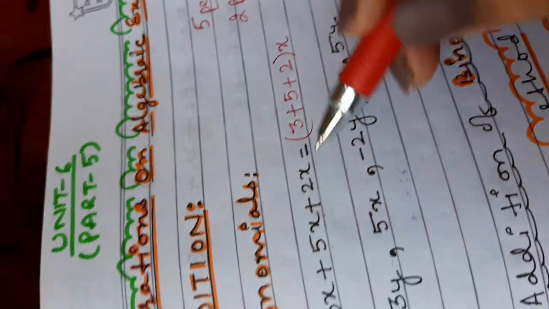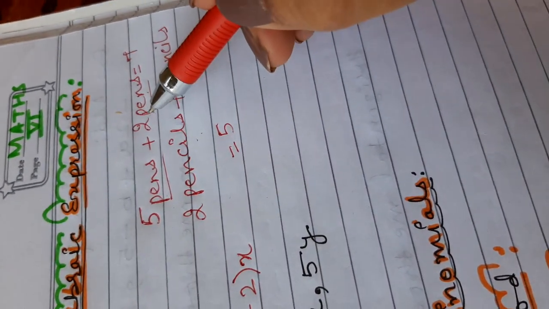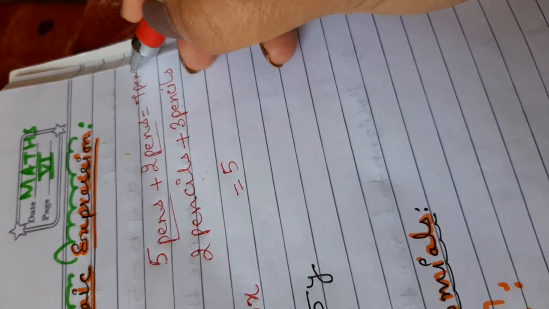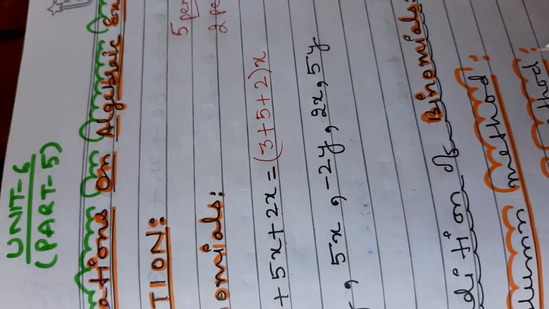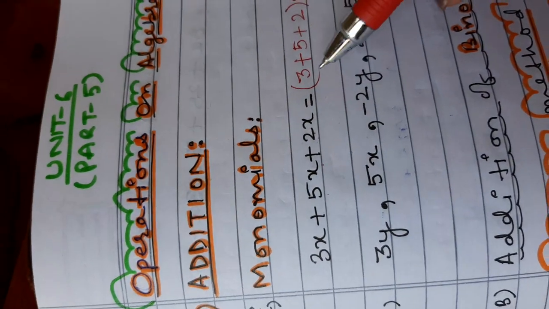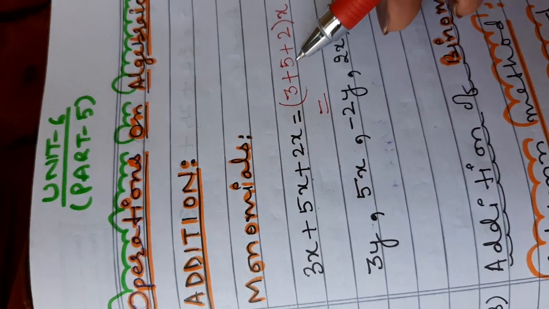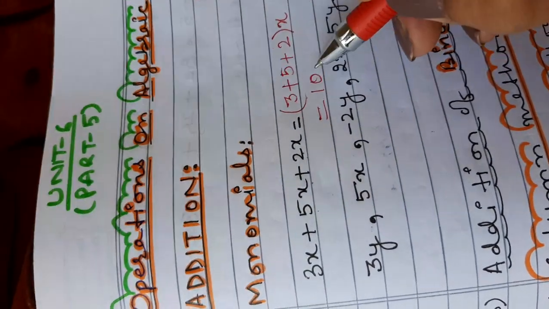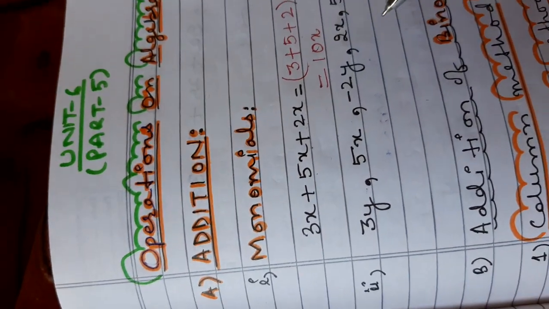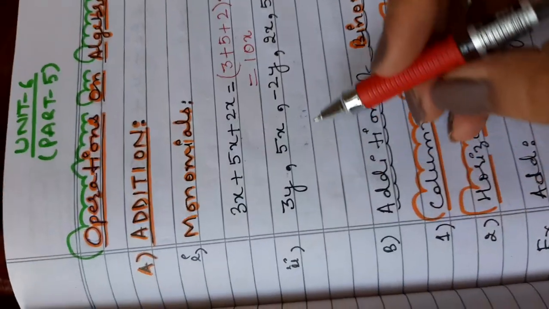So, we will write x here, not x cube, because we are not multiplying, we are adding these, as we have done in the example of pens. So, we have 7 pens here, we are just adding the numeral part. In the same way, we will add here only the numeral part, 3 plus 2 x. So, how many x are there? 3 plus 2 is 5, 5 plus 5 is 10. So, 10x. That means this is the answer. How many x are there? 10x are there.